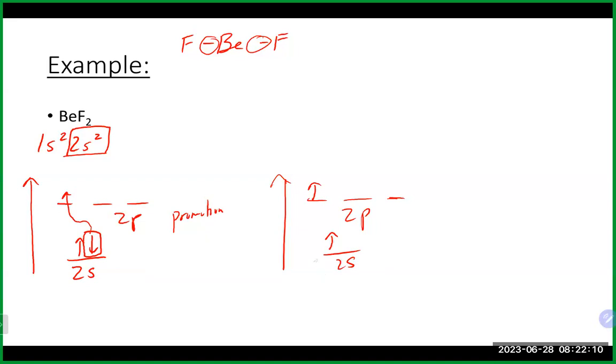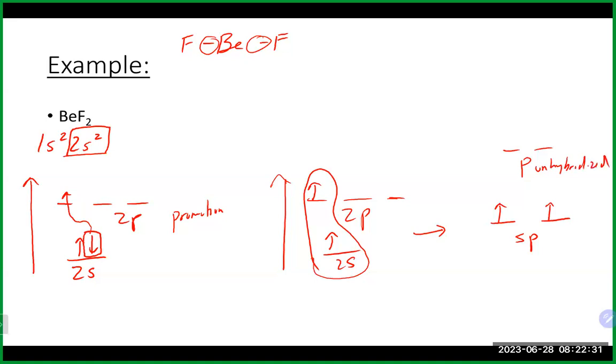It will then go through its hybridization, and it will then create 2 of our sp hybrid orbitals, which each basically have an electron in there. It will also have those unhybridized p orbitals that are there.